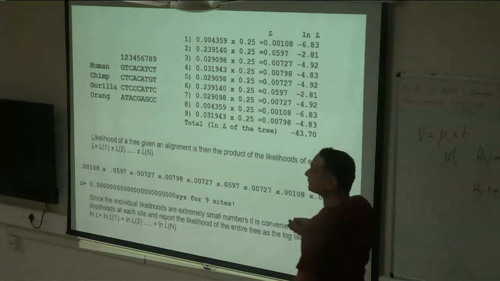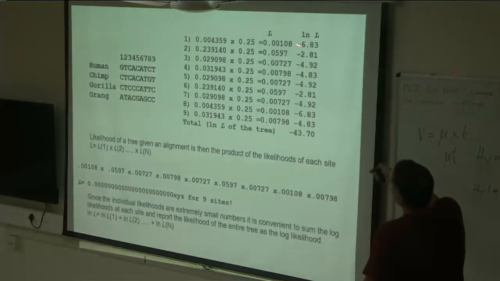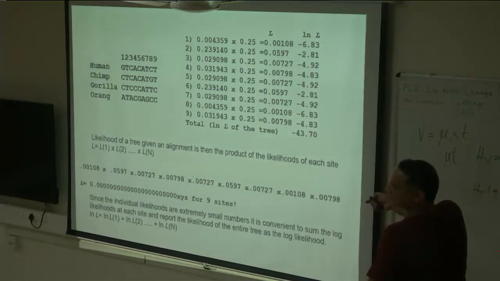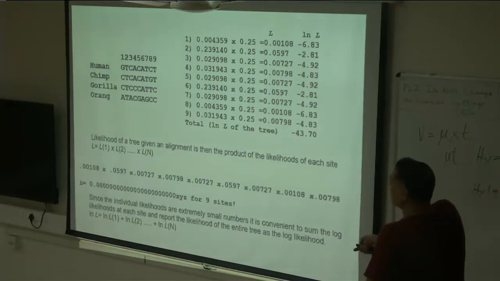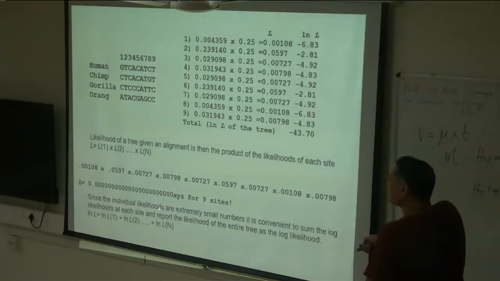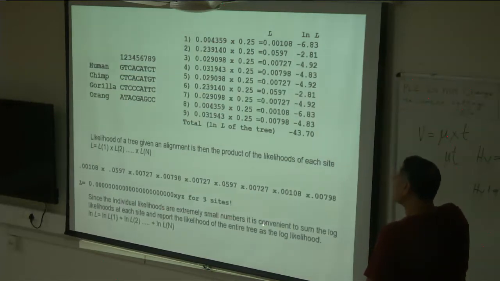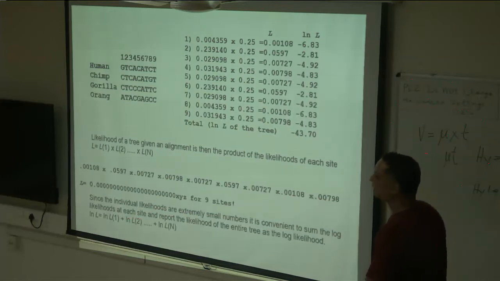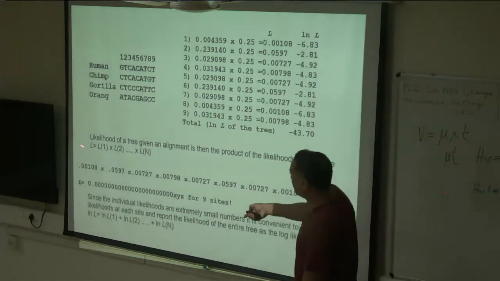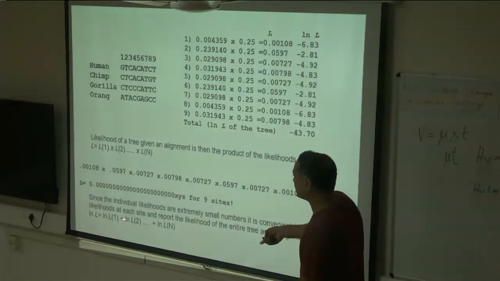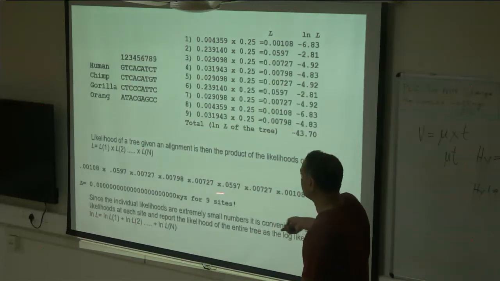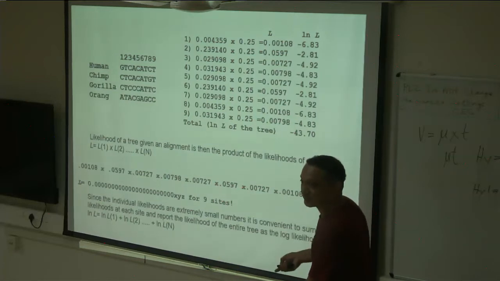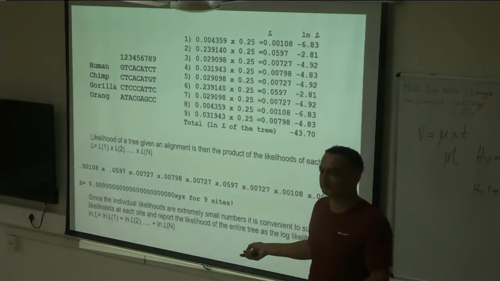So people use a simple trick, and that is you take a log of each of those likelihood scores for each site. Since individual likelihoods are extremely small numbers, it is convenient to sum the log likelihood of each site. If you have a whole bunch of things that have to be multiplied, and you're taking the log of each of those, you can sum them up.